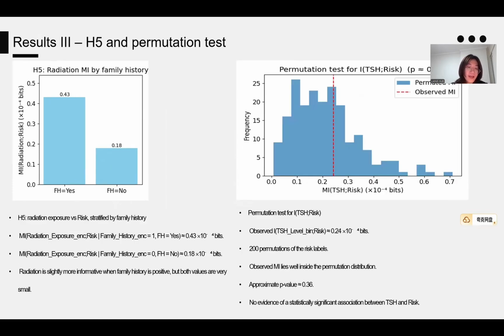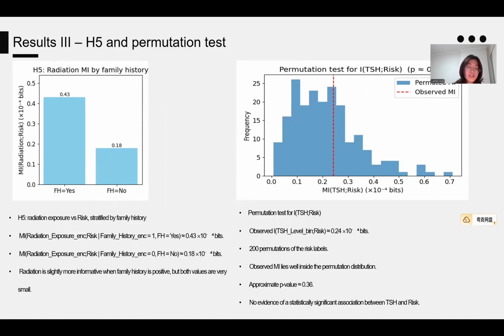For H5, I examined radiation exposure within family history. When family history is positive, the MI carried by radiation exposure is greater than when family history is negative, but both values are extremely small.